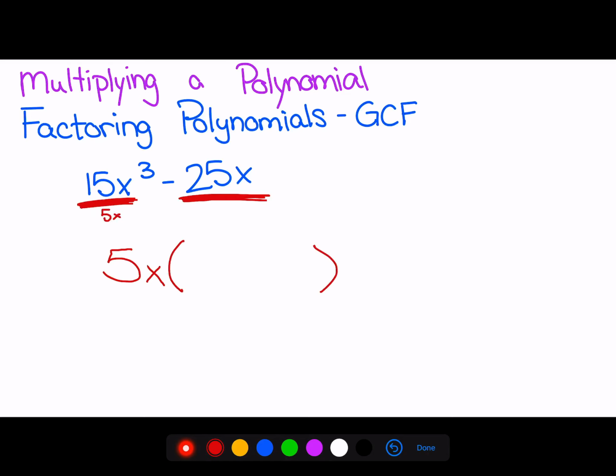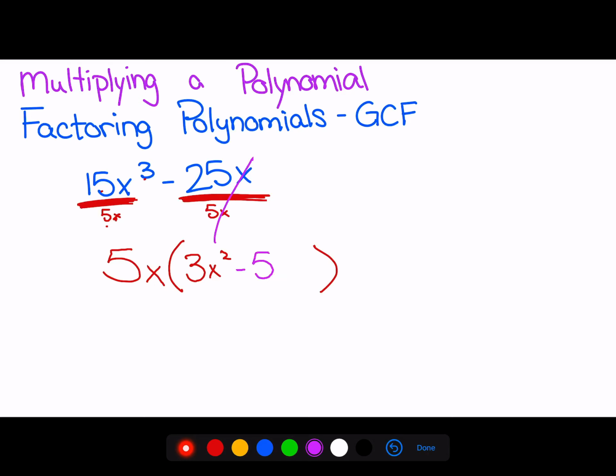At that point, I'm just going to divide both of these terms by the GCF. So 15x cubed divided by 5x, we just learned our properties of exponents. So x cubed divided by x will leave me with x squared. So 15 divided by 5 is 3. X cubed divided by x will give me x squared. Next, we have negative 25 divided by 5, which is negative 5.